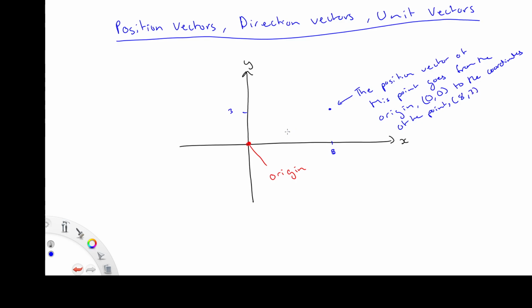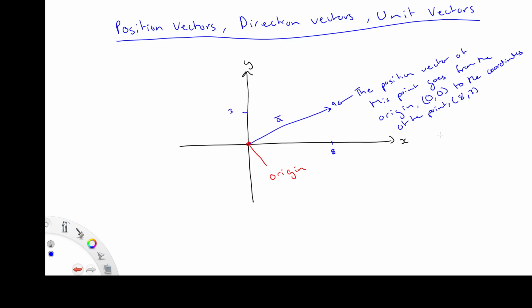X-axis always comes first. So the position vector of this point is going to look something like this, okay?